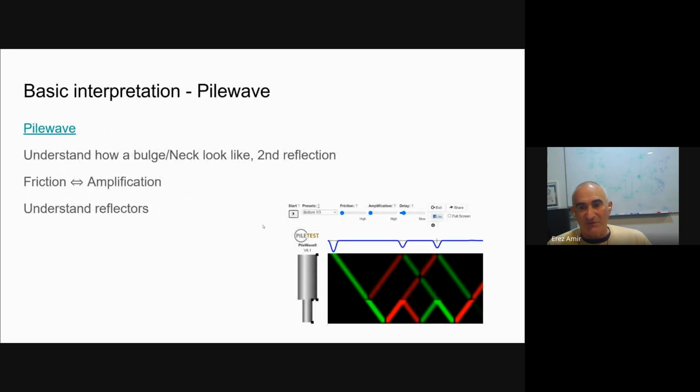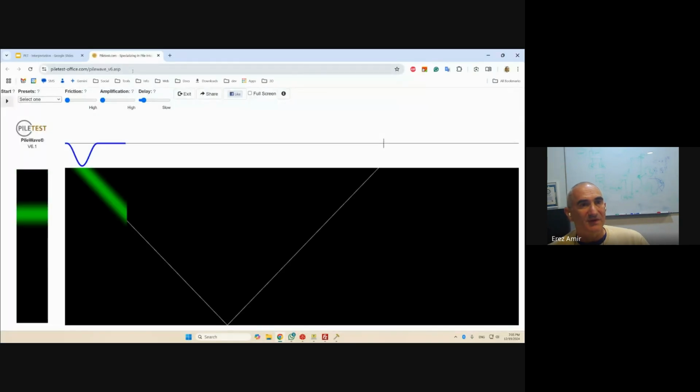So the first thing we're going to look at is the basic interpretation, and we need to know what a bulge or a neck looks like, and what the second reflection of a bulge or a neck looks like. There is a web application called Pilewave, and here it is.